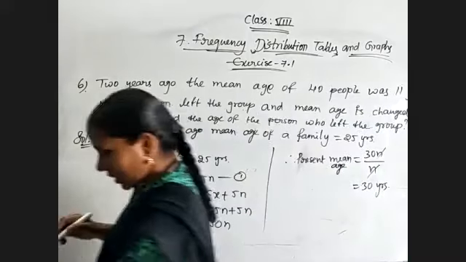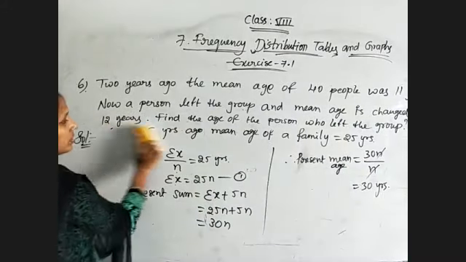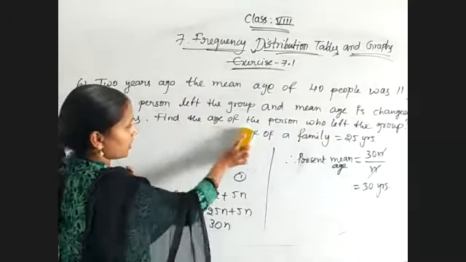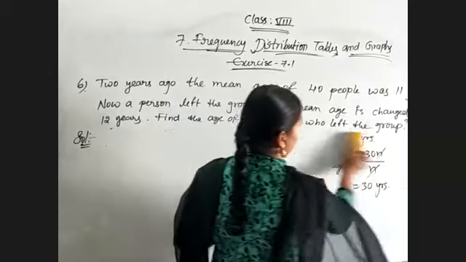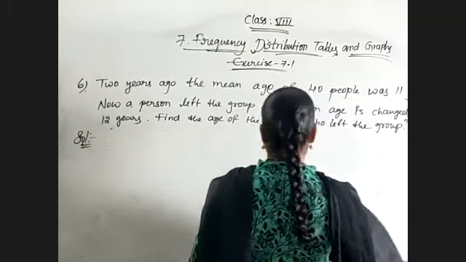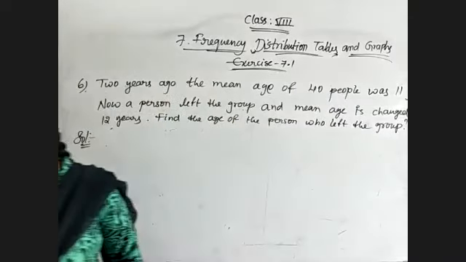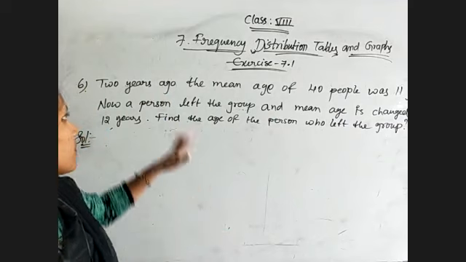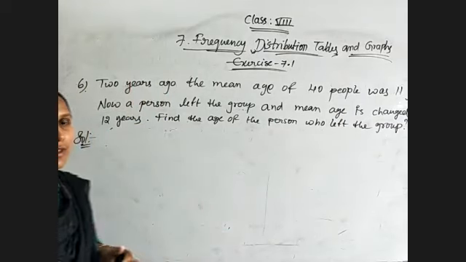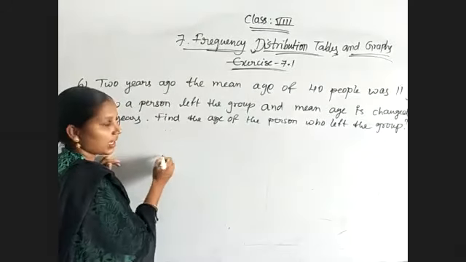So observe the question here, the mean age 2 years ago is given. For that I will give you one example. The mean age of 40 people was 11 years before 2 years. Before 2 years means now the present age will be plus 2.